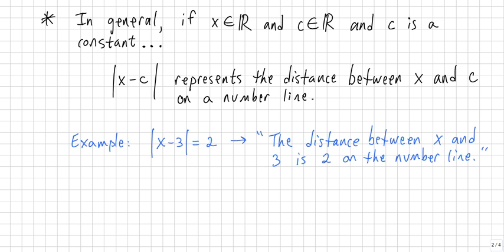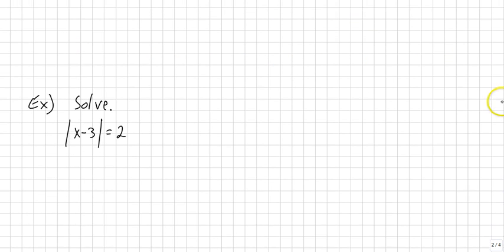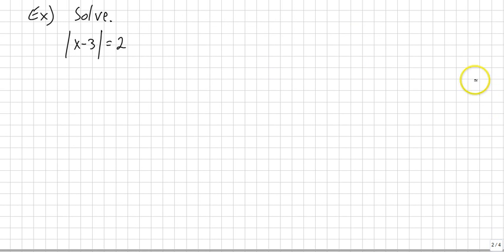So what this allows us to do is solve absolute value equations fairly quickly. Not really any quicker than we did in the previous section. It's just kind of like having an optional second way to solve equations such as this. So once again, we've got the absolute value of x minus 3 equals 2.